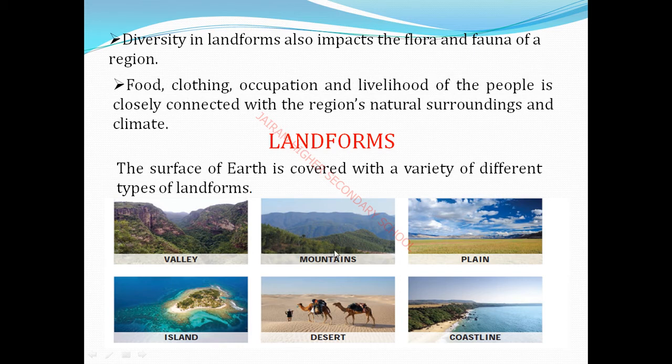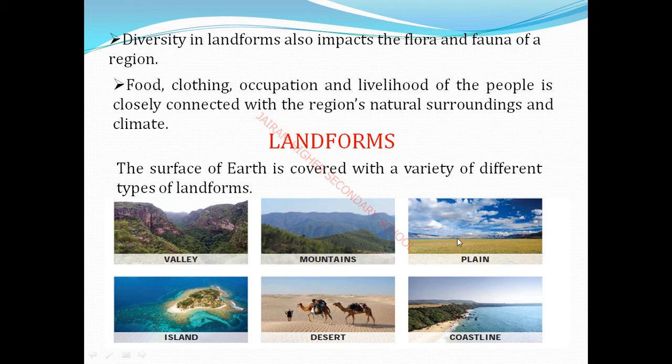Okay, children? And next, see mountains. Mountains, you know very well about that, where we see the plateau areas. We can take the example of Yercaud Mountain, Kodaikanal Mountain, etc. And see here, next, a plain. What do plains mean? A large area of flat land with few trees is called a plain.